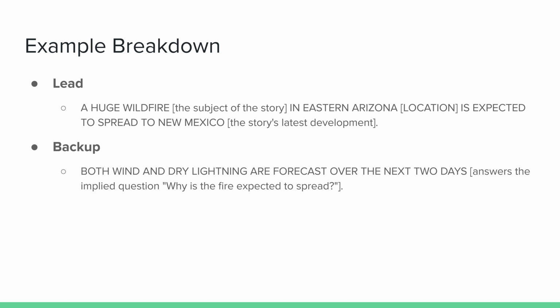So you want to think of those kinds of details where we're looking at why and how. So in this case, we're answering the question of why is it expected to spread? So why is this development happening? And it says both wind and dry lightning are forecast over the next 2 days. So that is why the fire is expected to spread.